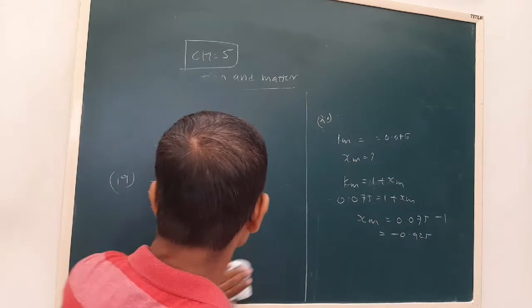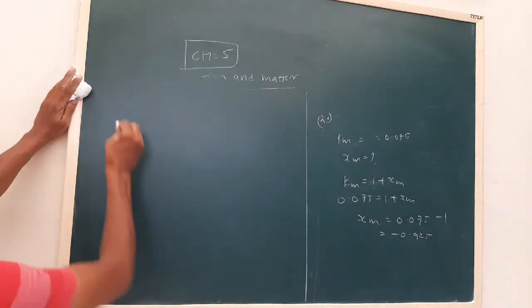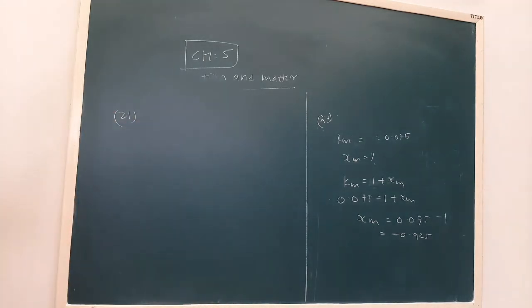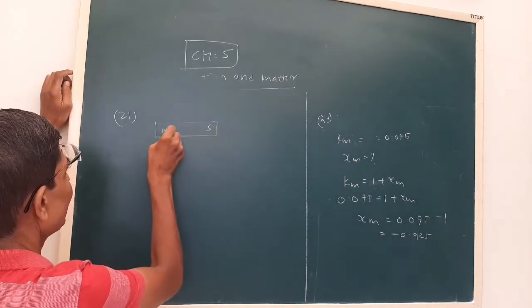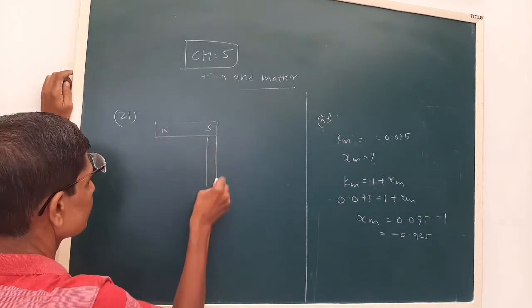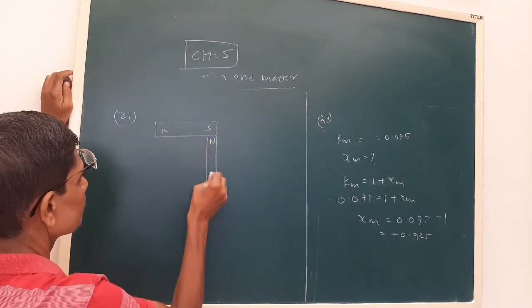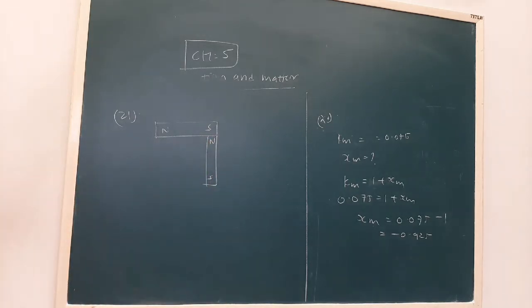Now our MCQ number 21. See, the two bar magnets are S and N. What is the resultant dipole moment? See, each is of equal dimension and equal property.